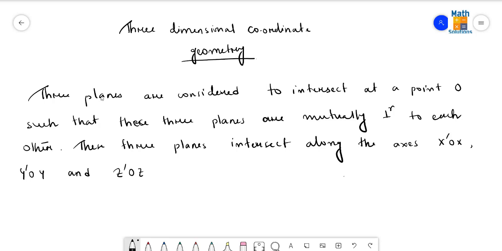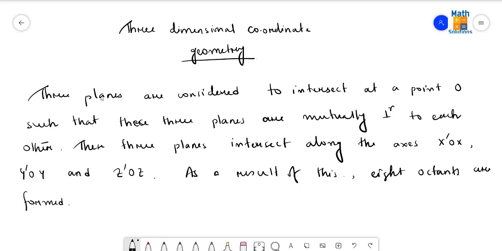As a result of this intersection, ultimately we are going to get 8 octants. 8 octants are formed.